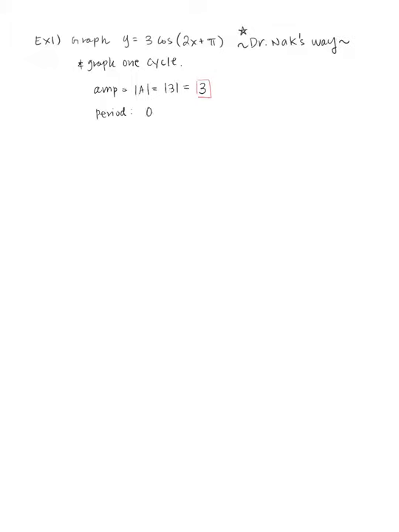So what we need to do is 0 less than or equal to the argument, less than or equal to 2 pi. Now what goes in there is the argument of the cosine. So here you're going to insert 2x plus pi, and all you have to do is solve for x.